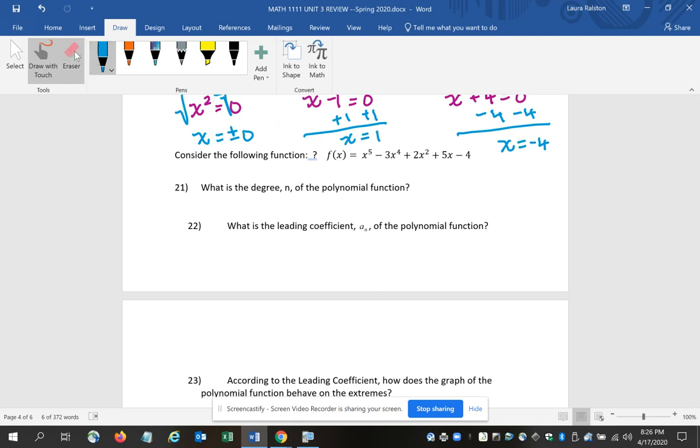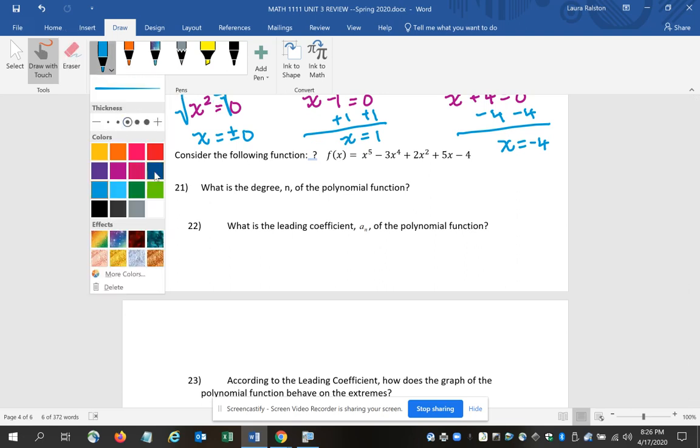All right, then there's another one, another polynomial function. Try to give you a nice variety. Okay, so this one is f of x equals x to the 5th minus 3x to the 4th plus 2x squared plus 5x minus 4. And again, the first question here asks you, what is the degree of the polynomial?